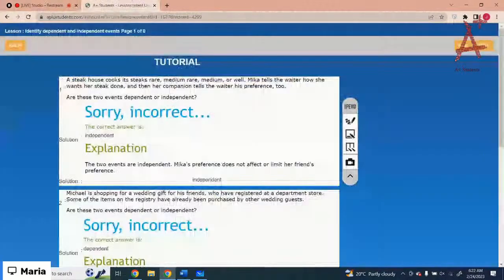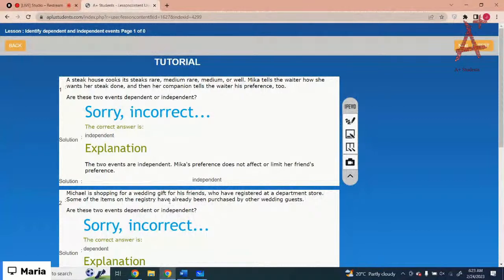Okay, let's just start with the first question. Let me read the question, just listen to me carefully. A steakhouse cooks its steaks rare, medium, or well. Mika tells the waiter how she wants her steak done, and then her companion tells the waiter his preference too.